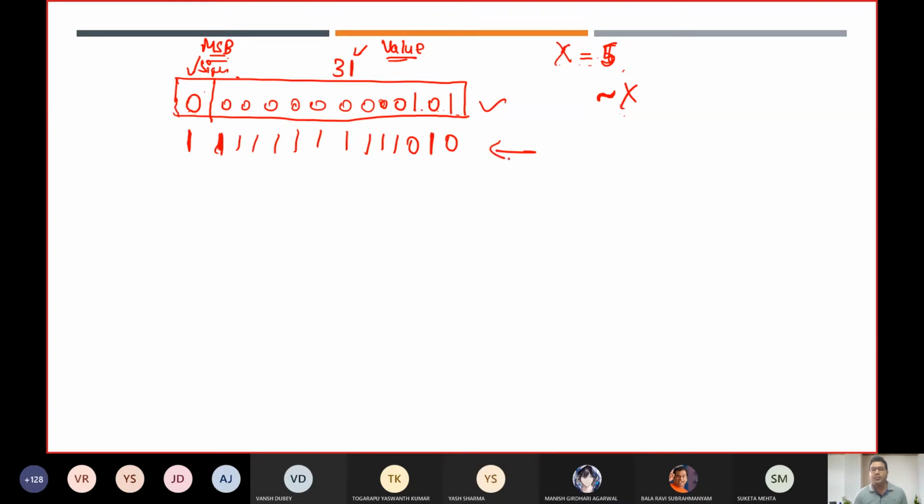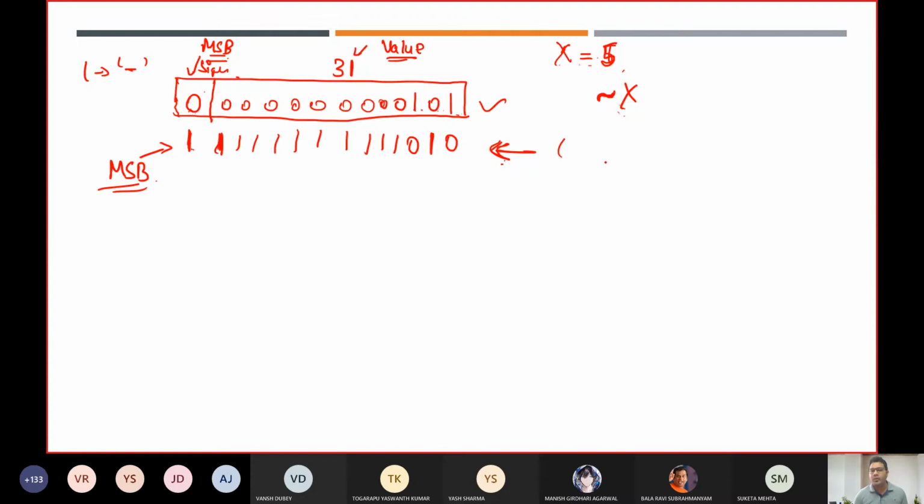Now my MSB is 1, which means a negative number. How can I say that after the complement operation I am getting a negative number? Because earlier the MSB was 0, now it is 1, and 1 in the MSB always represents a negative number. So that is why we get this result.